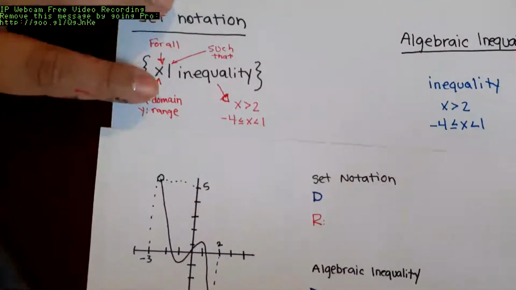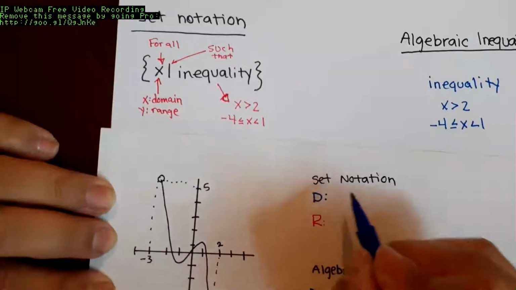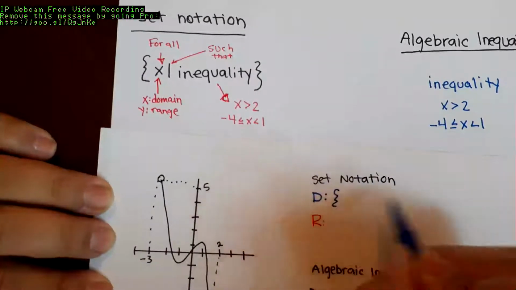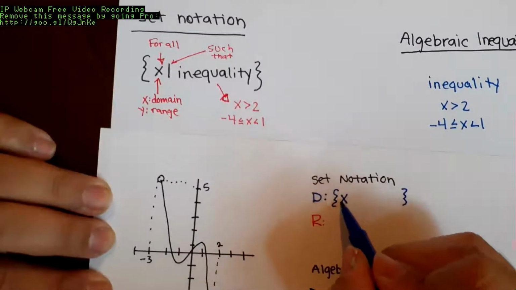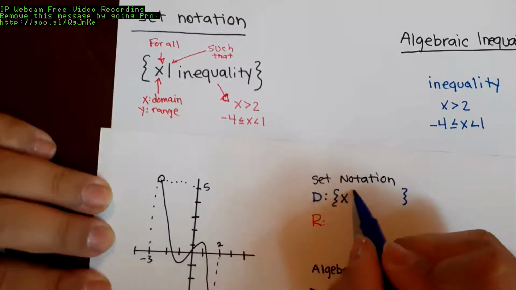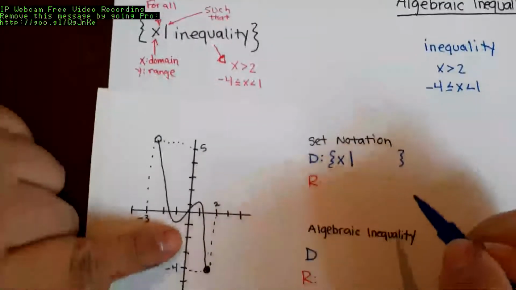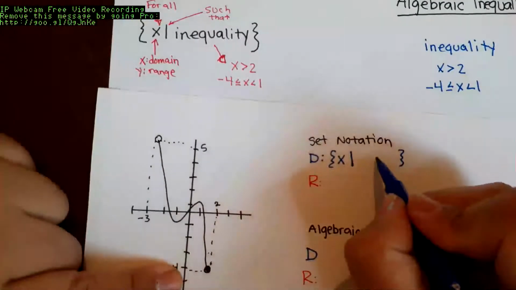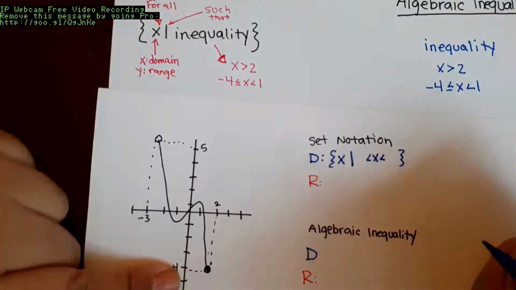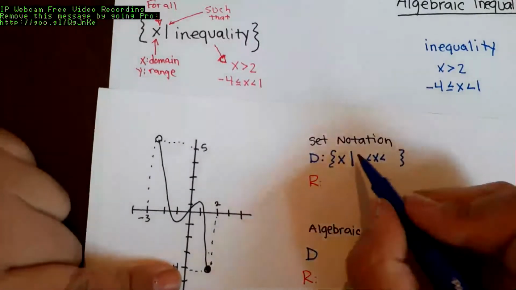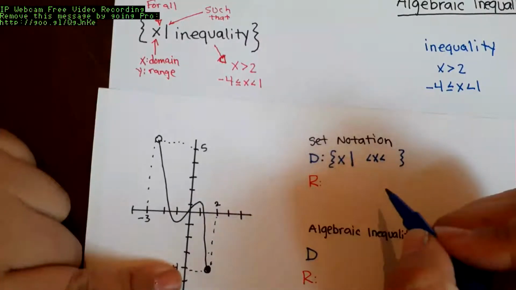So now that I know that, over here in my set notation, and remember, my set notation is going to look like this. So my set notation for my domain, I'm going to put my curly braces, and I'm going to write X, because I'm with my domain, for all X such that, and I have 2 points. So since I have 2 points right away, I can write my inequality like this. So all I have to fill in is my starting point, my end point, and if these are equal to or not.